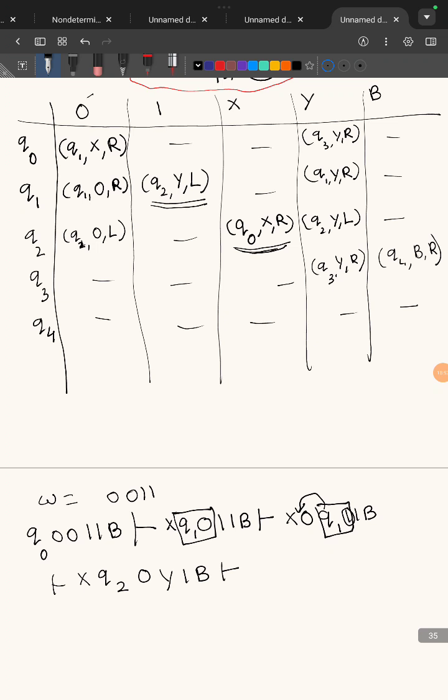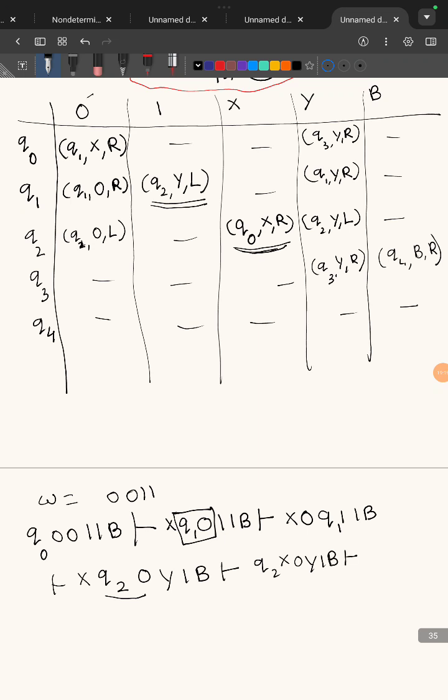I'll just erase it off. Now Q2 on 0. Q2 on 0, what we are doing? We are doing nothing. We're just moving the pointer towards the left-hand side. So it will be Q2 X 0 Y 1 B.